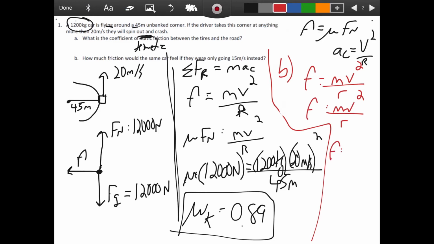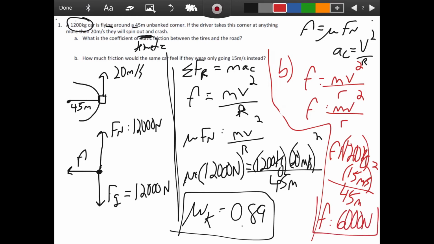We know the mass is 1200. It's now moving at 15 meters per second, squared, all over the radius, which has not changed, so 45 meters. Sorry, it's pretty sloppy over here. We multiply it out, and we should get a force of friction of 6,000 newtons.